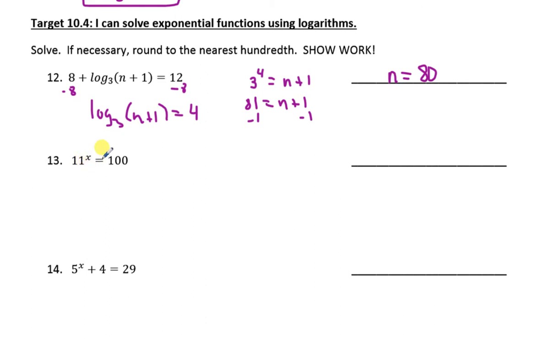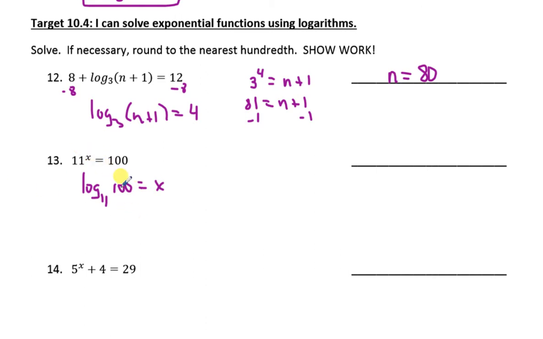This one, 11 to what power equals 100? Obviously, it's not going to be a nice, easy number. 10 to the 2nd power is 100, but 11 is not going to be a nice, easy number. So we'll rewrite this as a log. This is log base 11 of 100 equals x.